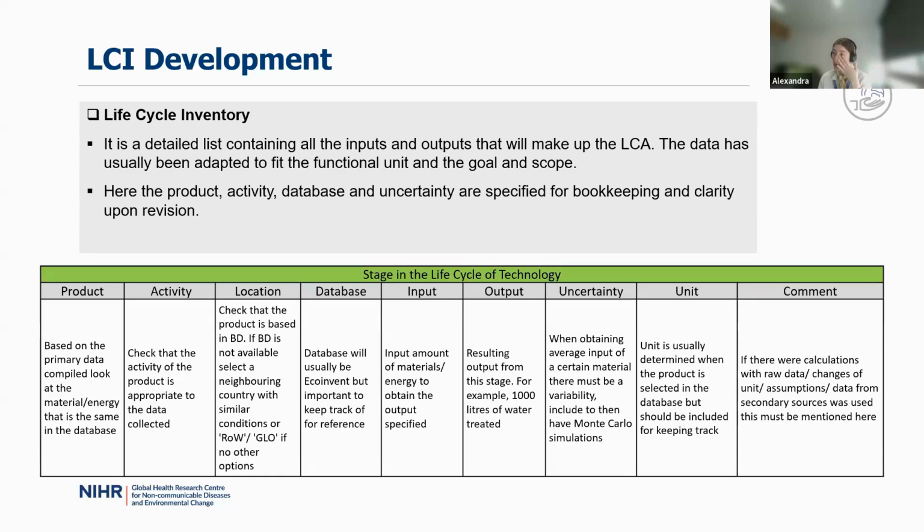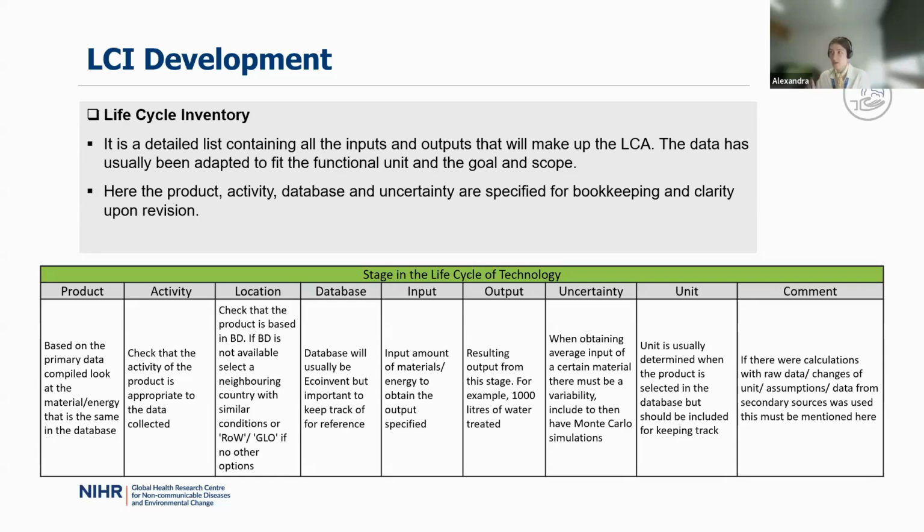refer and check. Input is things that enter the process, so that can be electricity, raw materials, or a product that we want to transform. Output is the result from the unit process, so that could be product, co-product, byproduct.